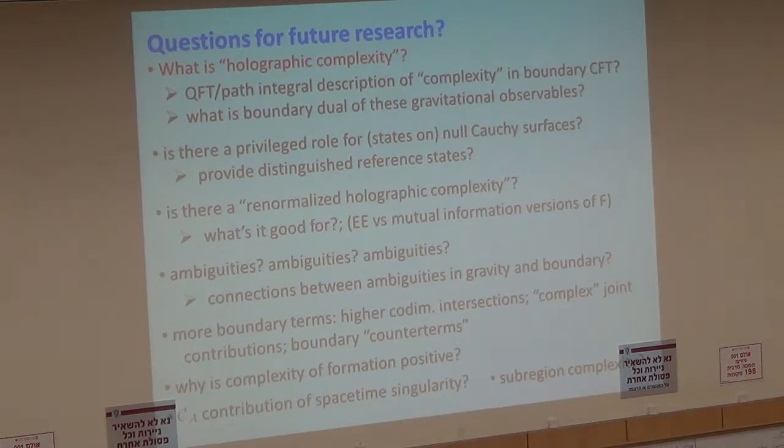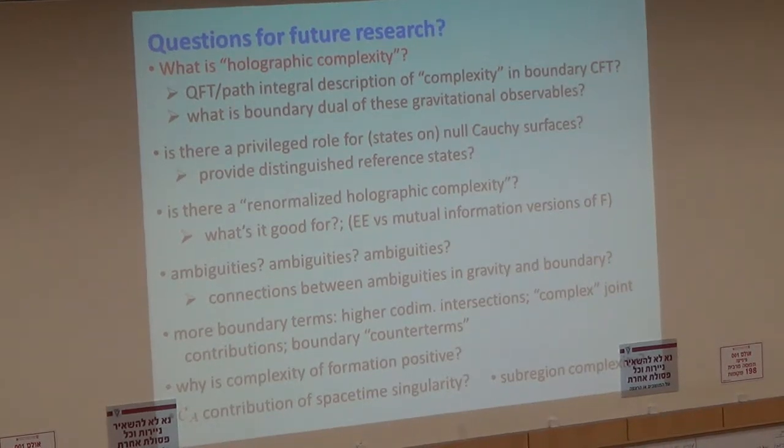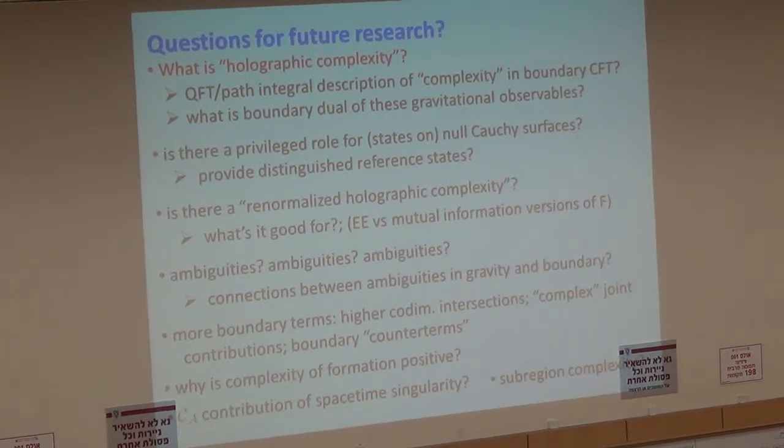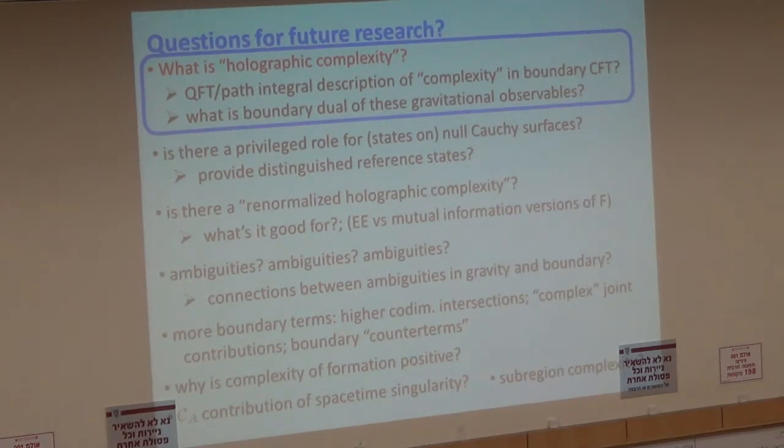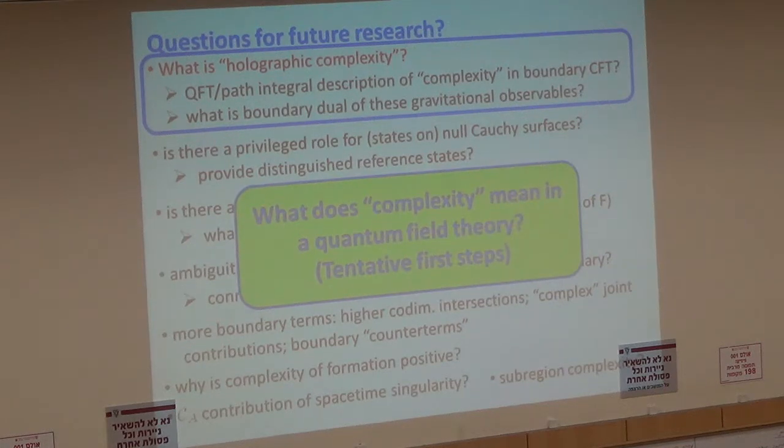But we'd really like to understand what this holographic complexity is. That really requires working harder to match what we're doing in the bulk with something in the boundary theory. And so that would require that we really understand what complexity means when we come to talk about quantum field theory. That's the topic today.